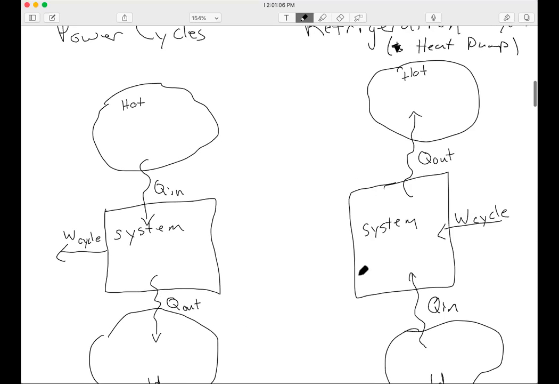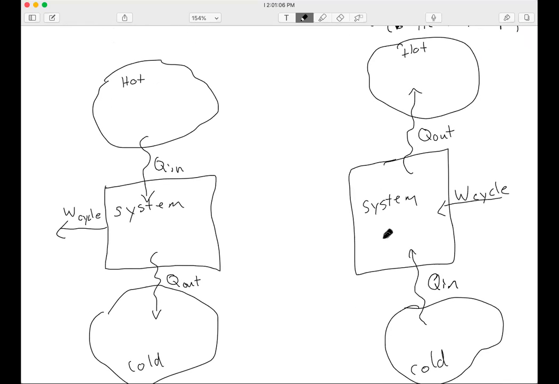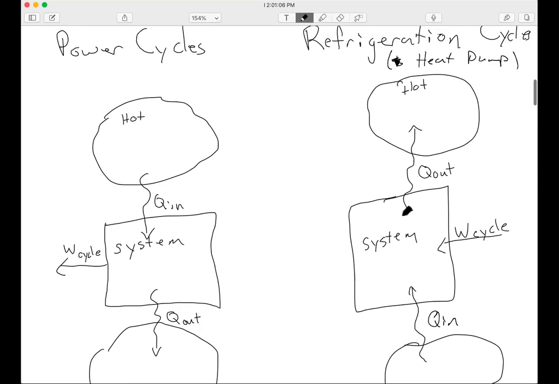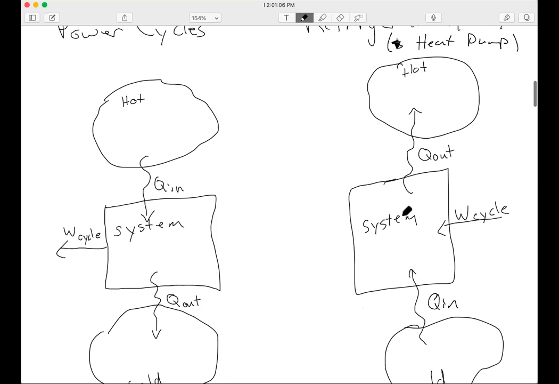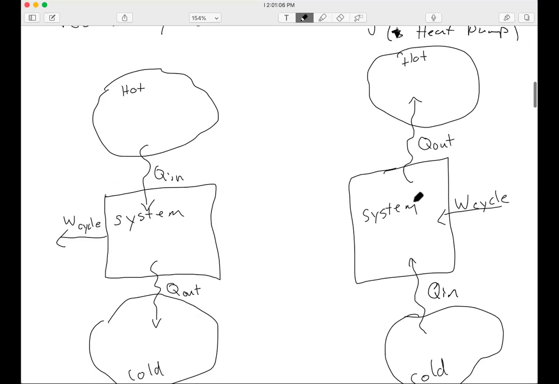A refrigeration cycle is different. And let's talk about a refrigeration cycle first. For a refrigeration cycle, what you have is the cold reservoir is actually your food, the interior of the refrigerator. The system is the liquid refrigerant in the pipes. And then the hot reservoir actually is your kitchen, the hot room, the environment.